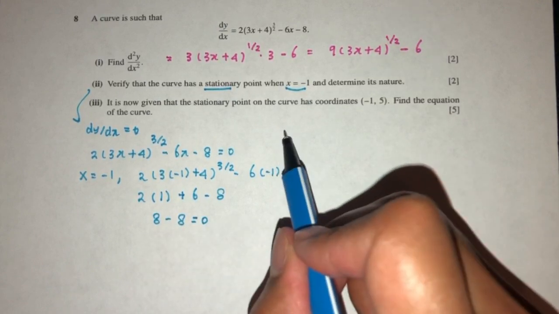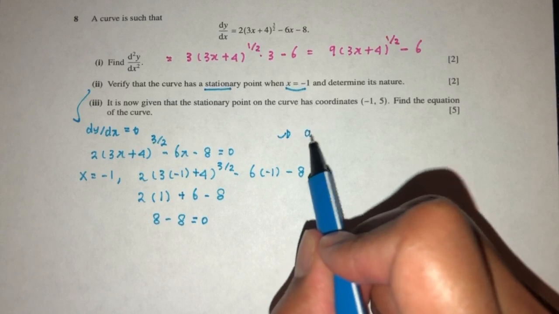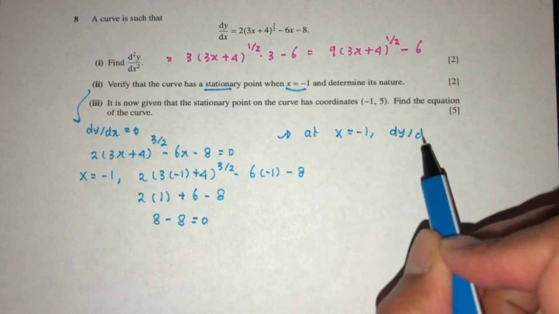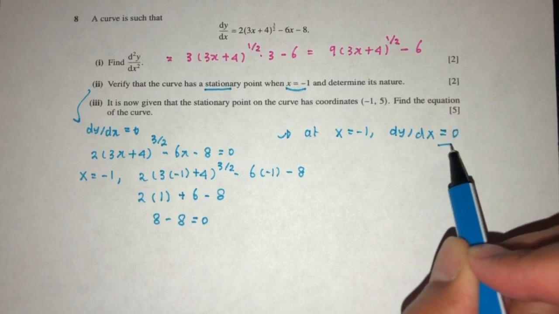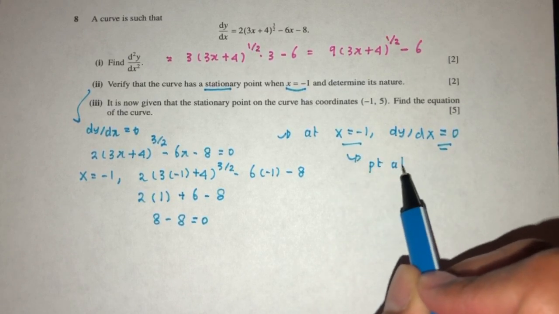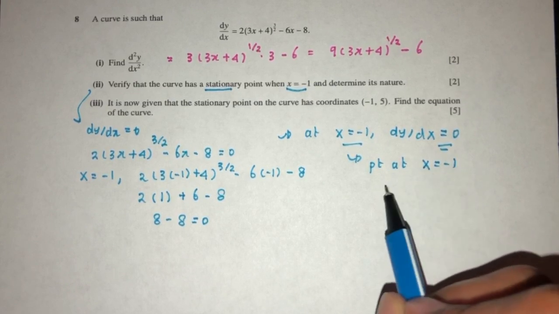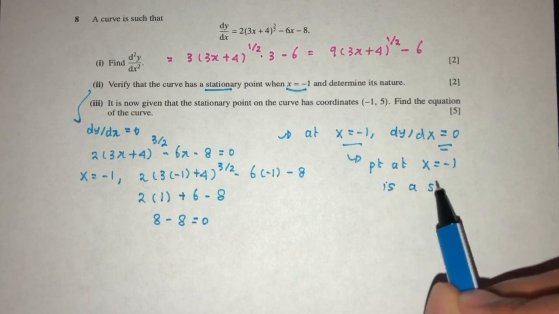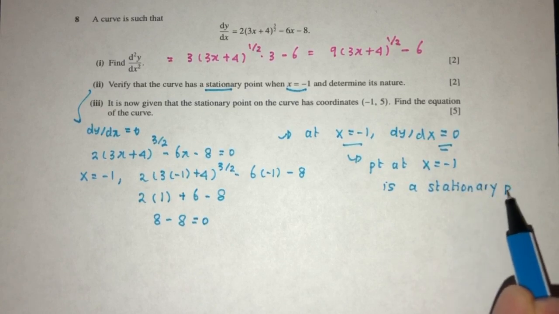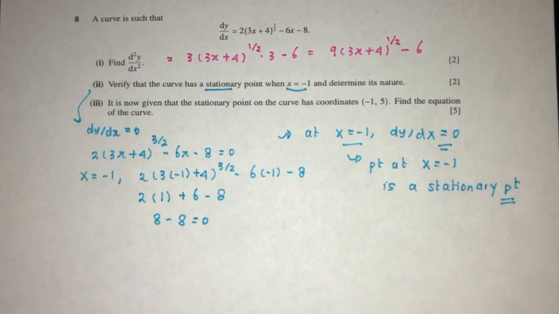So you have shown that, at the value of x equal to minus 1, dy by dx is equal to 0. Hence, this point at x equal to minus 1 is a stationary point. Okay. Now we have to find the nature.